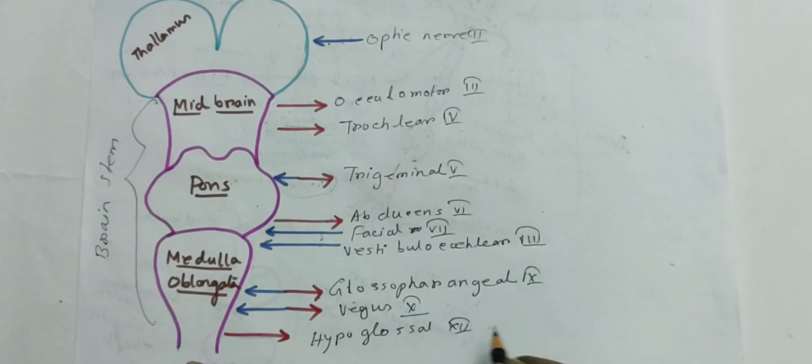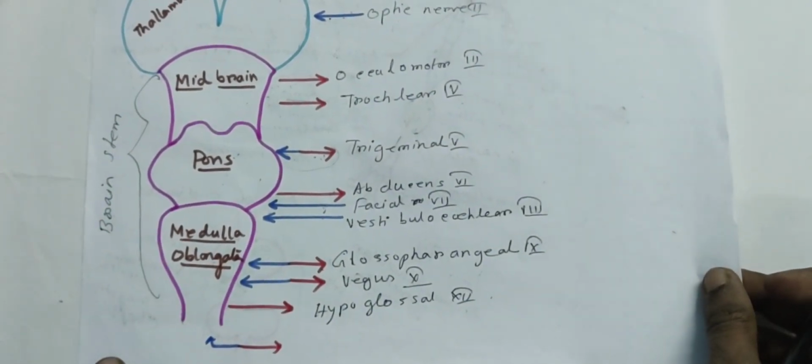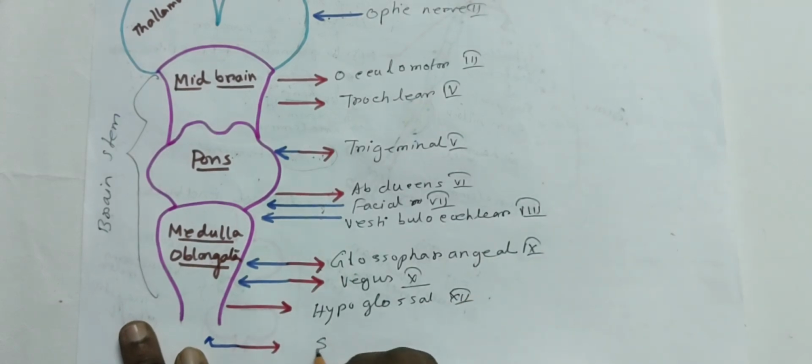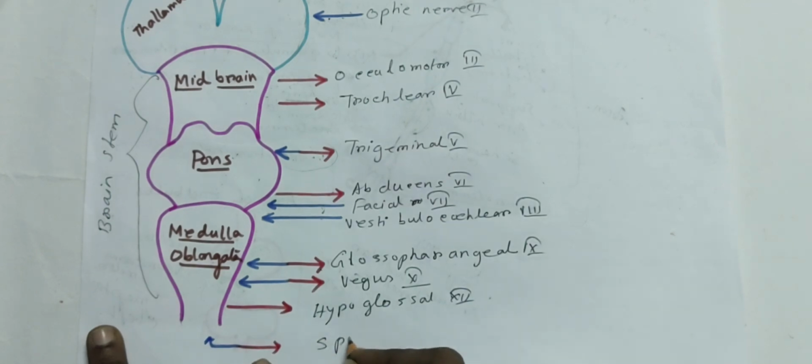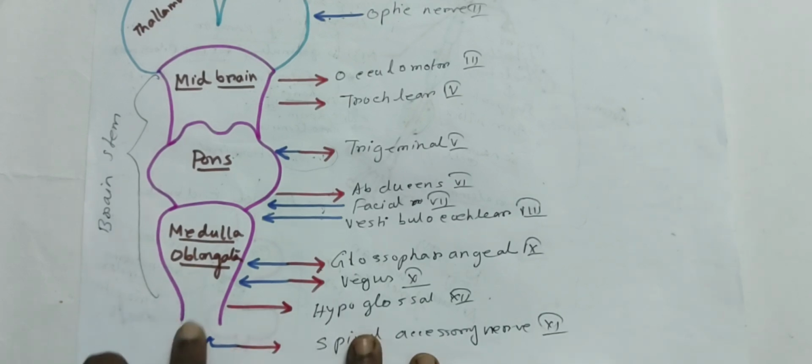Hypoglossal is 12th. Okay, here one is missing, that is the 11th. The name of the 11th is spinal accessory nerve. Number 11 is actually associated with the spinal cord.